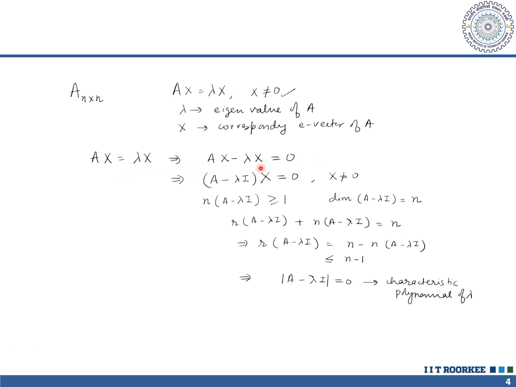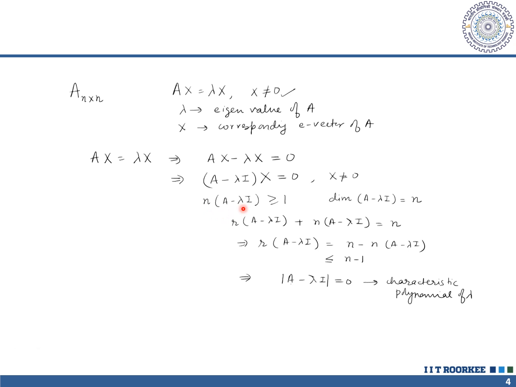This lambda x can also be written as lambda I x, where lambda I's dimension is n and A's dimension is also n. So we can take A minus lambda I into x as common, which is equal to 0, and x is not equal to 0. So there exists at least one x where A minus lambda I into x equal to 0.